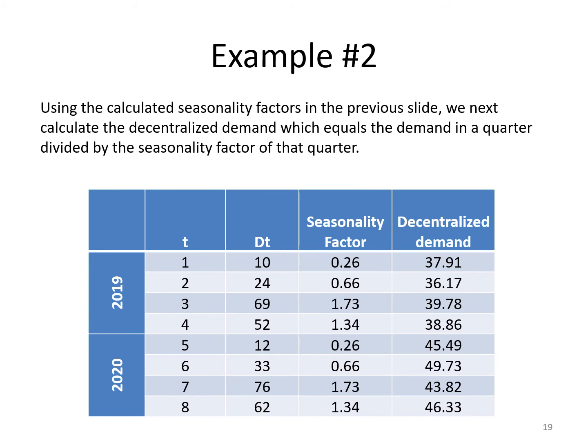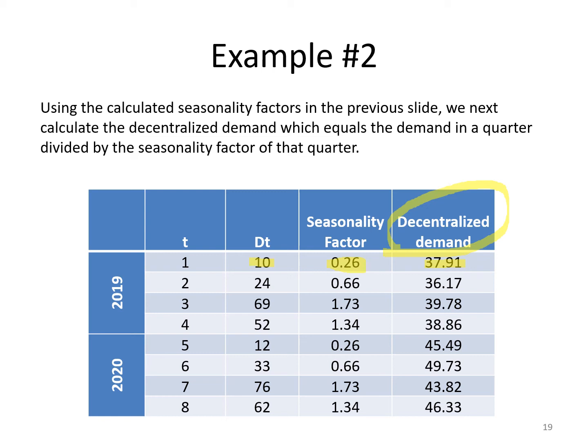Next, using this seasonality factor, we calculate something called decentralized demand. In the decentralized demand, we divide the historical demand value in a period by the seasonality factor which was estimated for that period of the season. This will give us the value of the decentralized demand. Now, why do we do that?